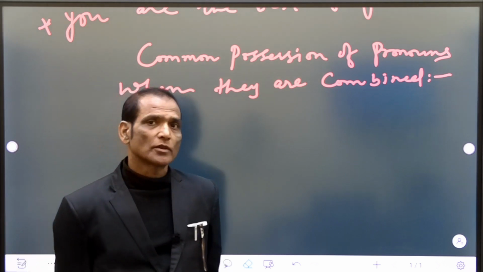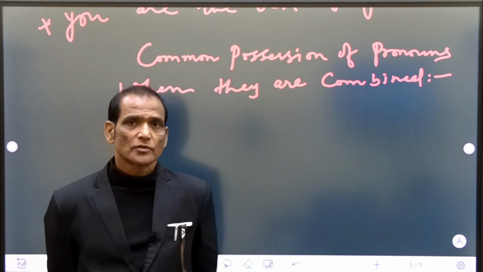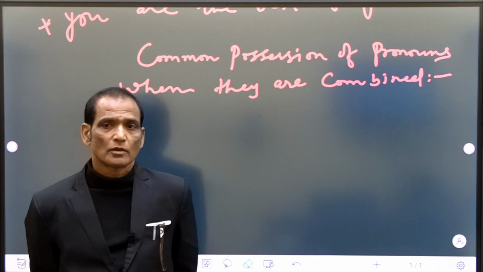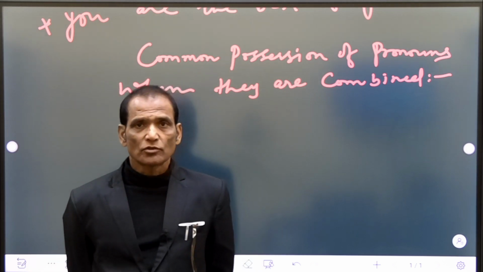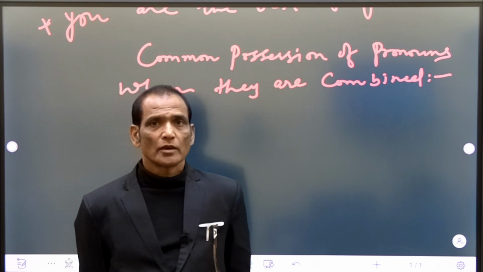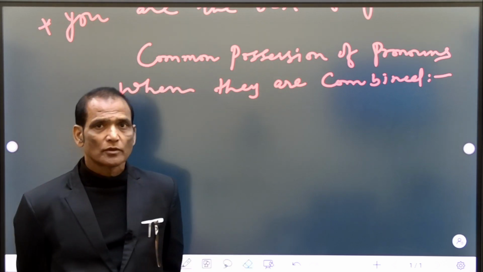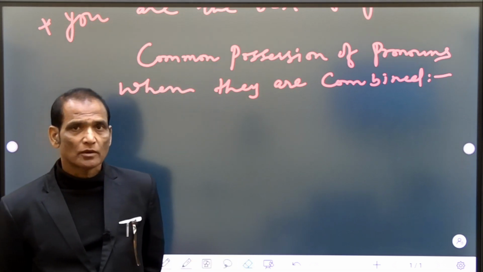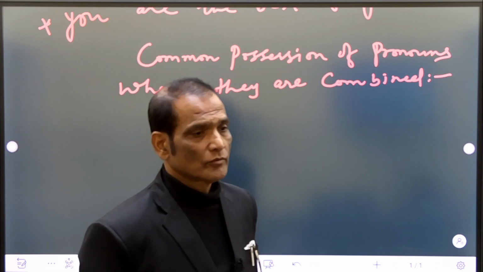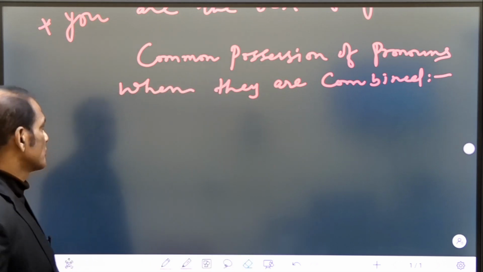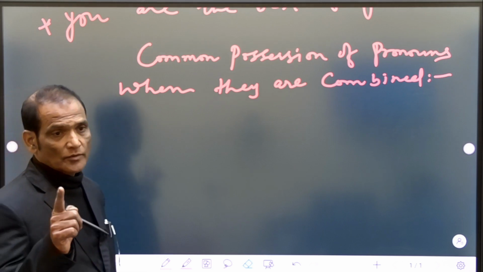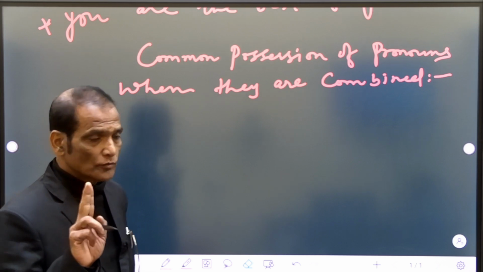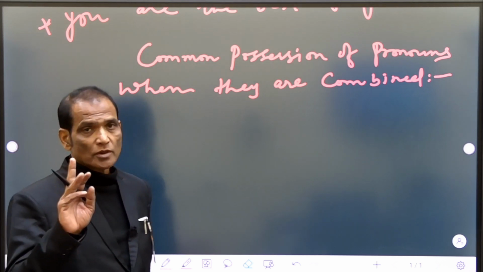One who speaks is called first person, and one who listens is called second person, and about whom we talk is called third person. So I is first person, you is second person and he is third person. So I am indicating these three persons in number. For first person I will use 1, second person I will use 2 and third person I will use 3 as here.